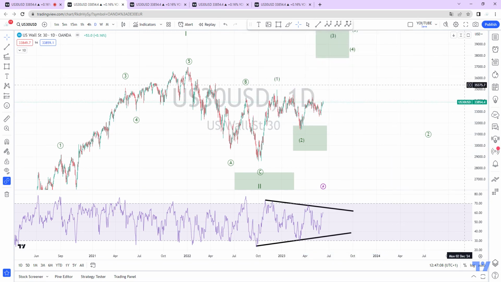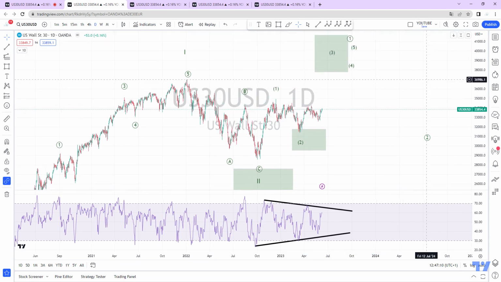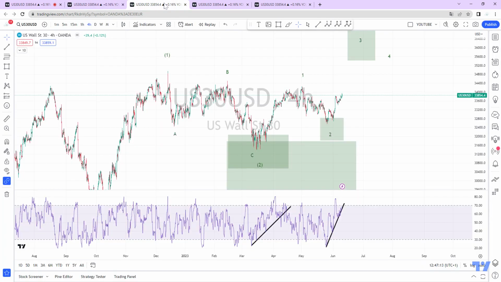And so this is actually what we will further analyze in the lower time frame, starting with the 4-hour. Again here from this wave 2 low, we see again a nice structure to the upside. This is an impulse up to the upside, so I count this as a wave 1. We again have a retracement as a wave 2.